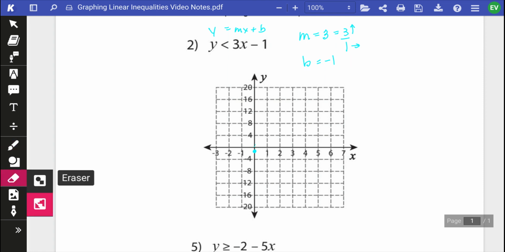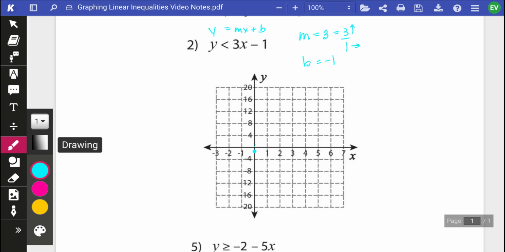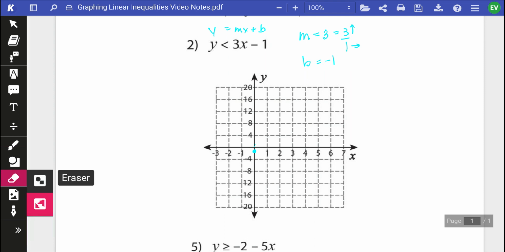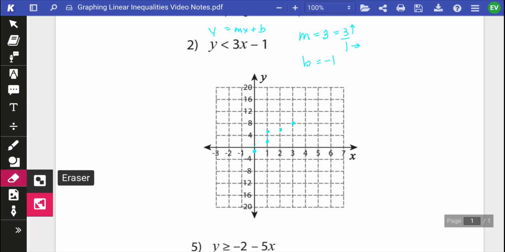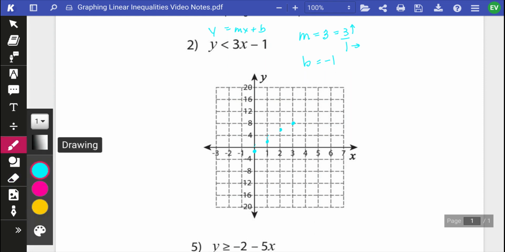Whoops, sorry about drawing my point there. Okay, so up 3 to the right 1. I'm going to do that again. So 1, 2, 3, and to the right 1. And then up 3 gives me 8, and to the right 1. So I've got a line going there. Let me get rid of that extraneous point.